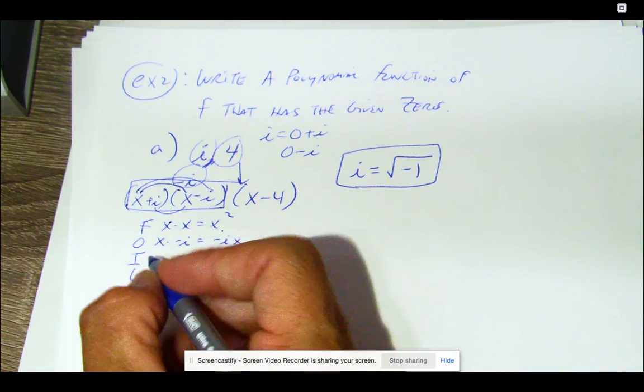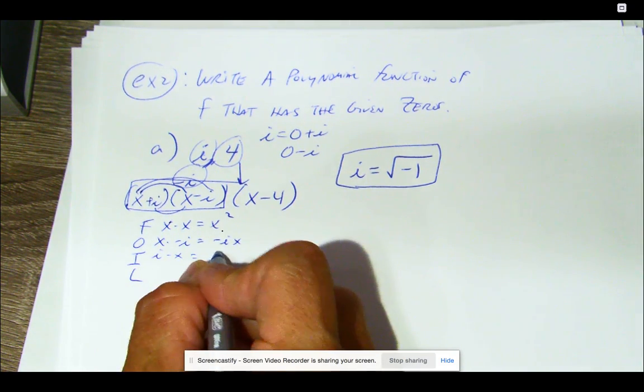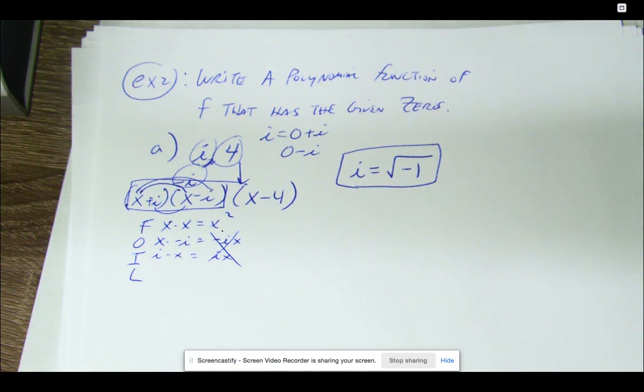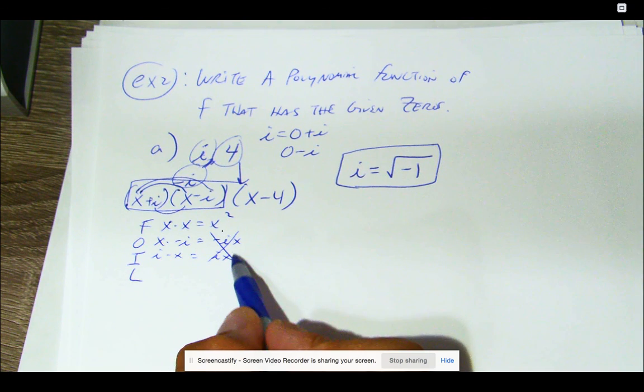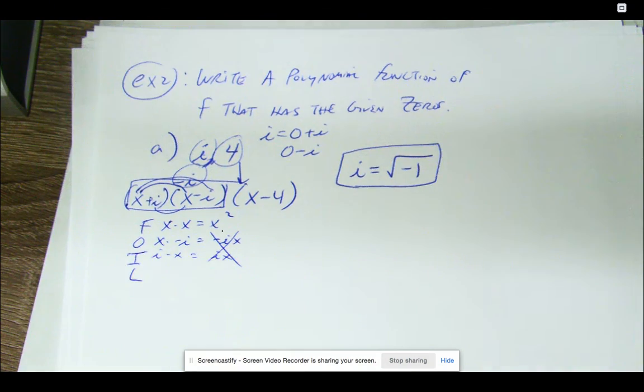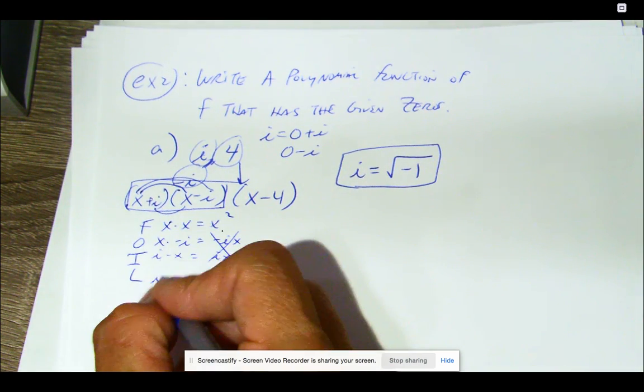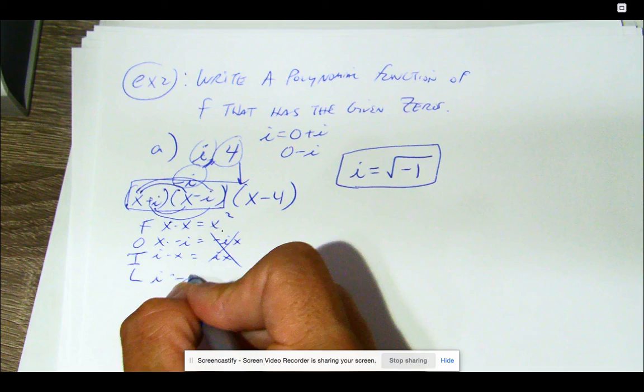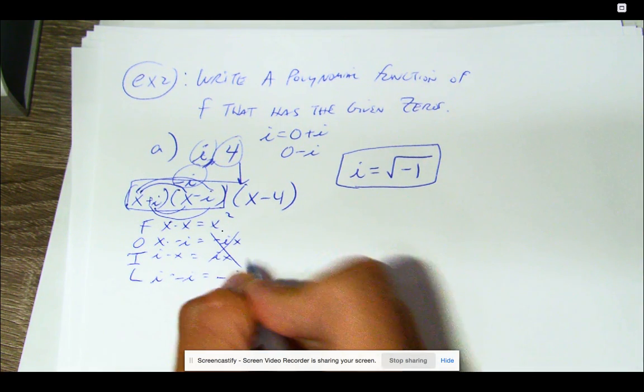And the inner term, I get i times x, which is positive ix, and they drop out. Now, the definition of a conjugate means that all of these secondary terms in the outer and the inner are going to drop out. They have to, because we don't want to have anything nasty in there. And then the last part for L is i times negative i, which makes negative i squared.